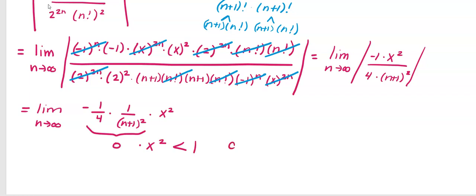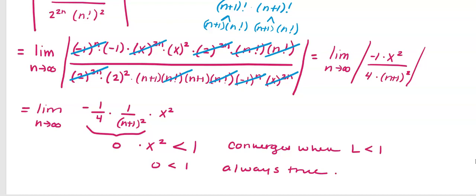Again, convergence happens when the limit is less than 1 according to the ratio test, and we're trying to determine for what x values it is going to converge. Because 0 times x squared would truly just be 0, this is always going to be true, because 0 is always going to be less than 1.